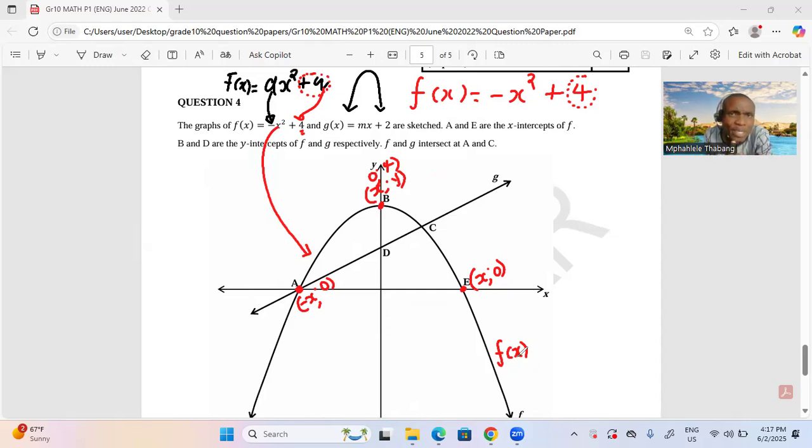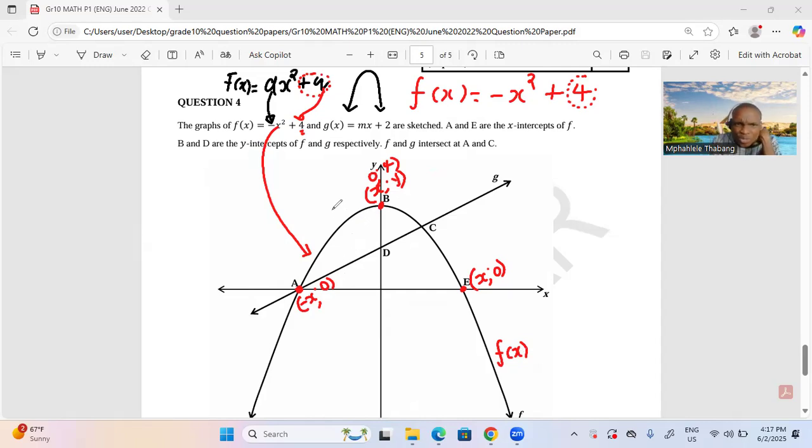And remember, at the x-intercept, the value of y is always 0. That's why I'm saying at A it's negative x and 0, at E it's x and 0. The y-coordinate at the x-intercept is always 0. Okay?